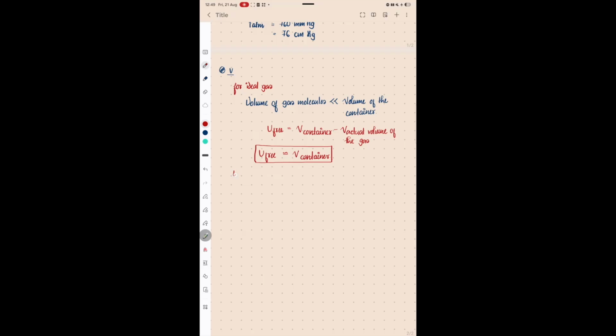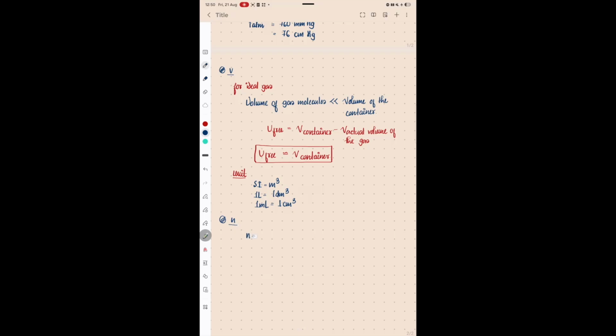Now we are coming to the unit. The SI unit of volume is meter cube, and 1 liter is 1 decimeter cube, and 1 ml is 1 centimeter cube. Now coming to n. n is the number of moles of the gas molecules.